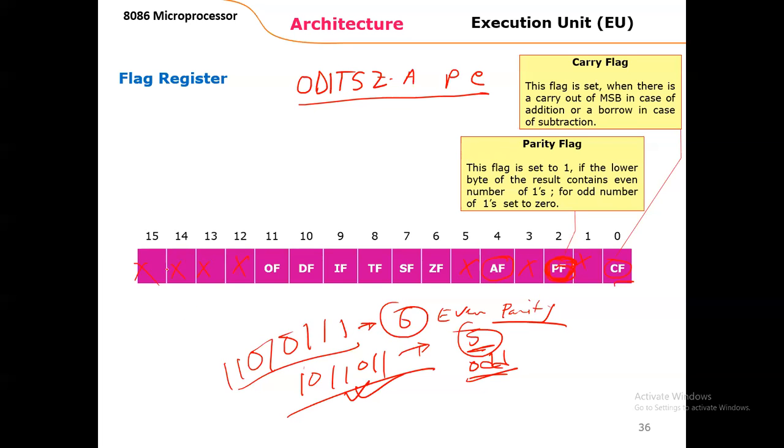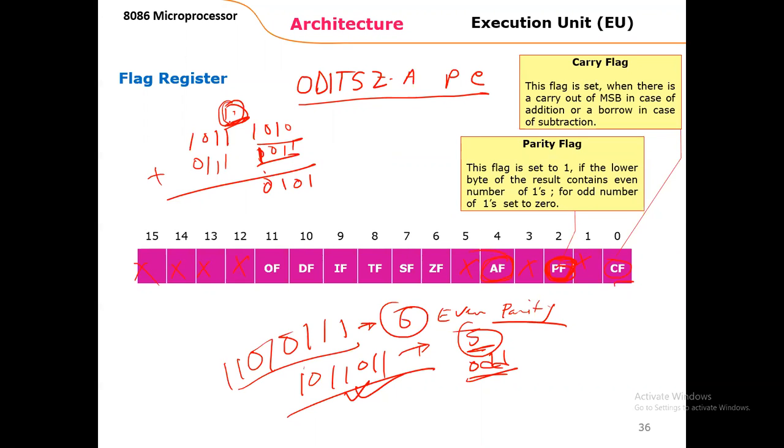Suppose this is an addition: 0, 0, 0, 1, 1, 1, 0, 1, 1, 0 and 1, 1, 1, 0. This 1 is the carry after the 4 bits, after the 4 bit is finished. After a 4 bit carry, this is called auxiliary carry.